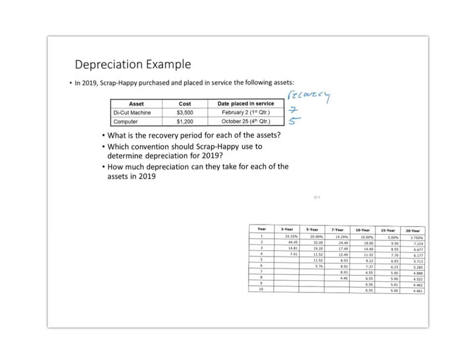Okay, and we already said that we're going to use half year in this situation. So now we need to figure out the depreciation for each one. So we've got the machine and we've got the computer. Okay, so the way we figure out depreciation is our starting point is the cost. And then we're going to multiply that by the percent that we see in the year.